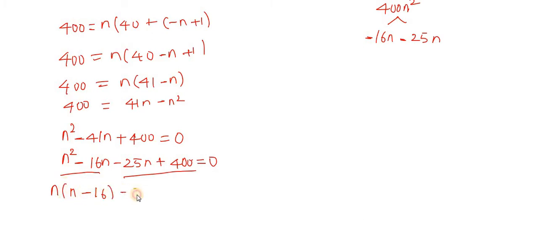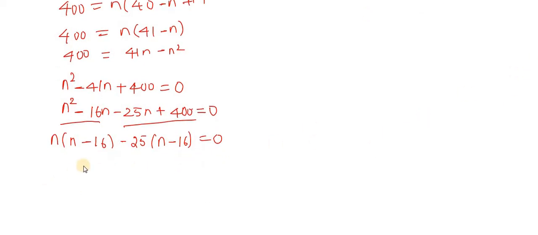Then here minus 25 is common, so if we take out minus 25 as common, n minus 16 is here also, which is equal to 0. So n minus 16 is equal to 0 and n minus 25 is equal to 0. So now simplify here. n is equal to 16 or n is equal to 25.